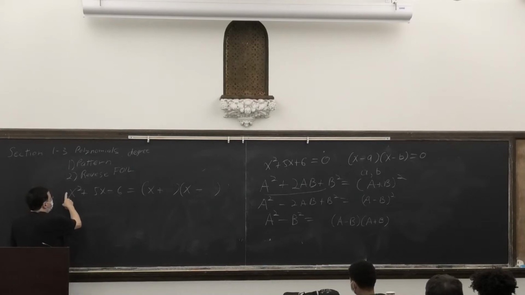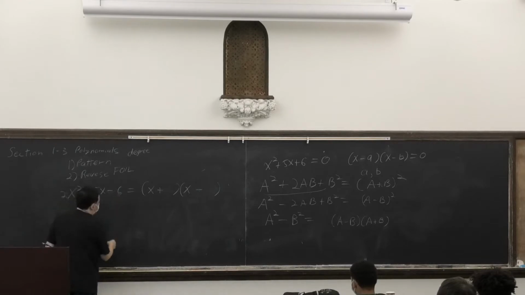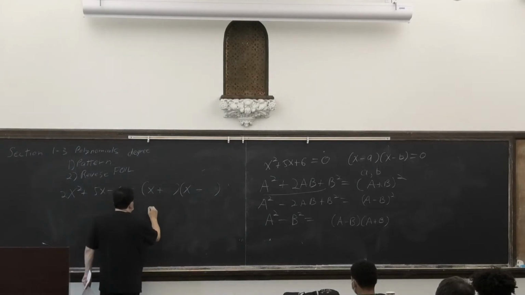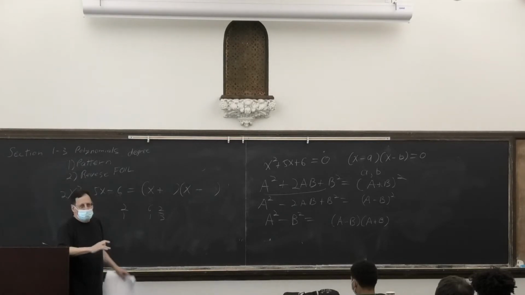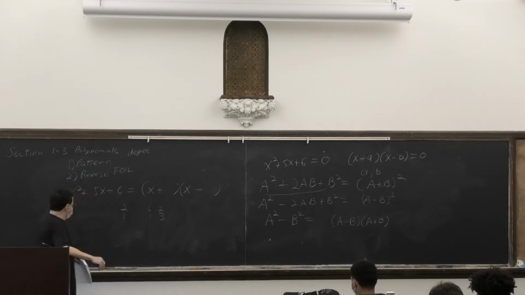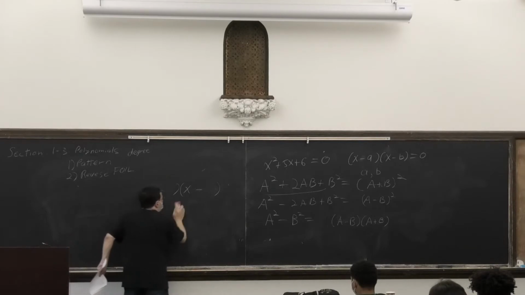If you have a leading coefficient other than 1, that makes things much more complicated, because now this has factors and this has factors. So you have to think, these factors are 2 and 1, these are 6 and 1, or 2 and 3, and you have to try all the combinations. Pretty quickly, it gets out of hand, and you don't really want to do it, and you want to use another method. So, I'm going to move on.